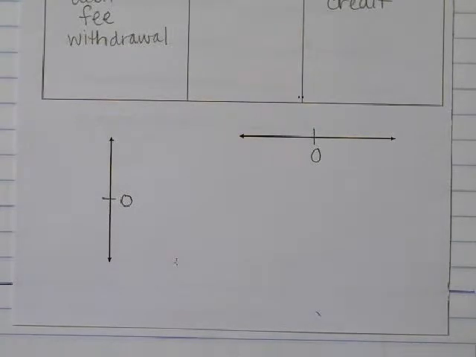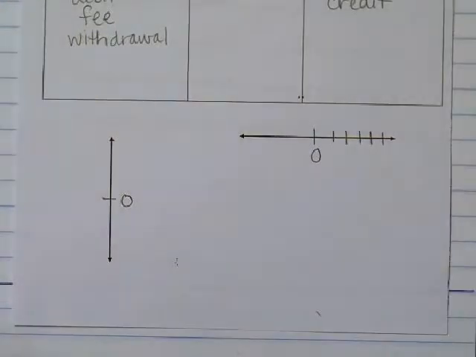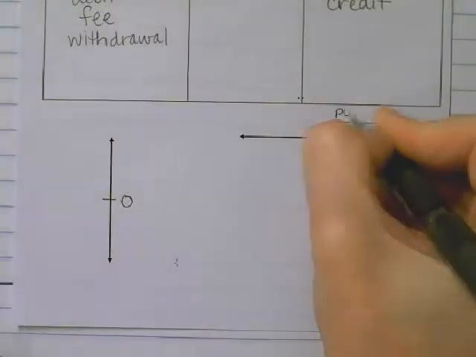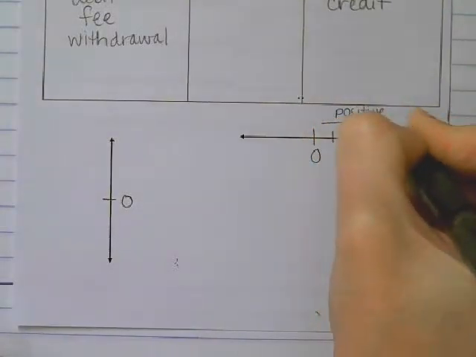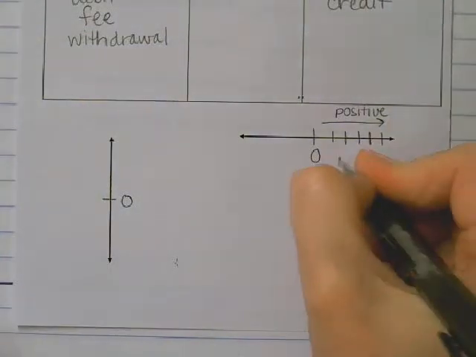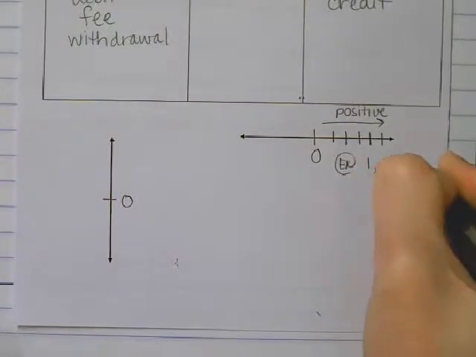Now, any point that I go to the right of my number line, in this direction, I am always going to be dealing with a positive integer. So when I say positive integers, I could be using the examples of 1, 10, 23, anything that is positive.